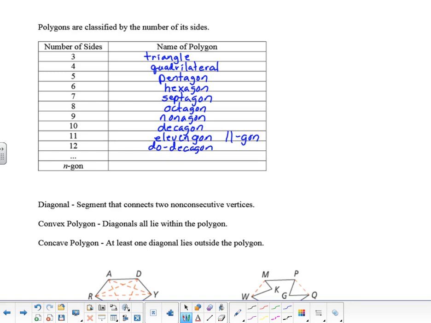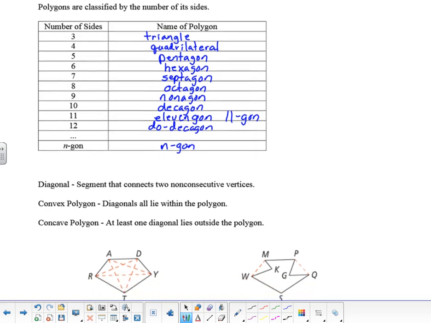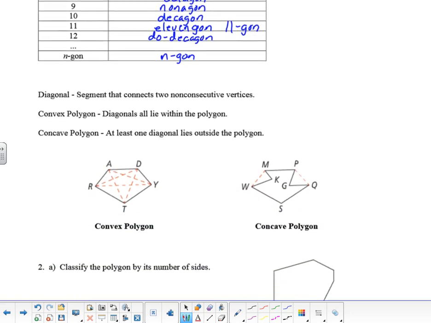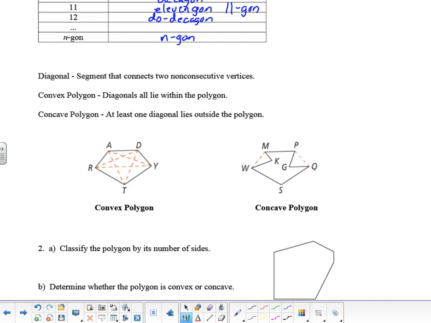And then an n-gon is just, you know, n sides. So that could be 13, it could be 26, you just write the number and then gon. So some other terms that we have: a diagonal is a segment that connects two non-consecutive vertices.